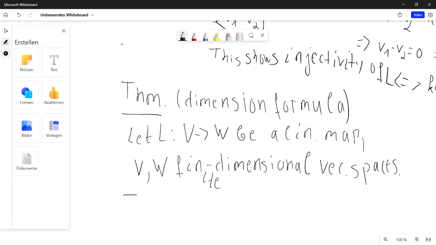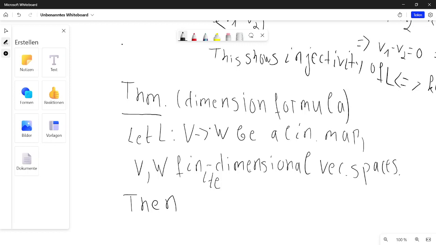And finally, some numbers enter. So dimension is one tool that allows us to have some quantitative formulas about such abstract things like vector spaces, linear maps, and so on. Right.